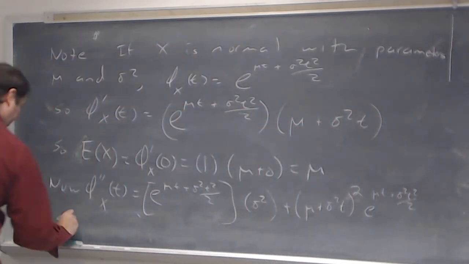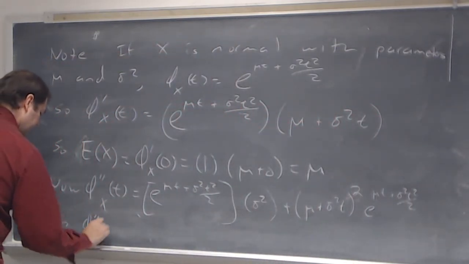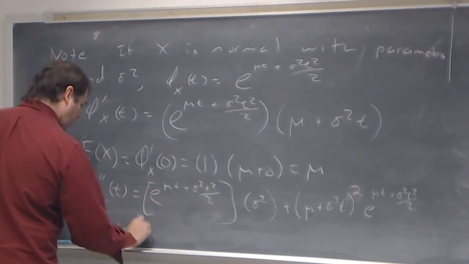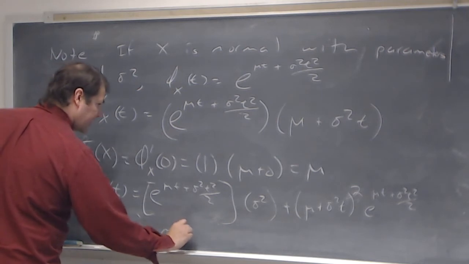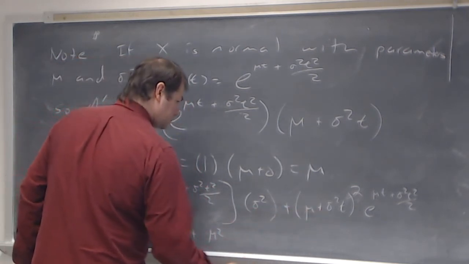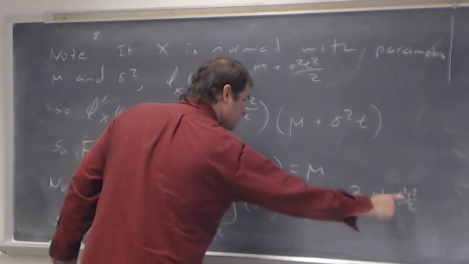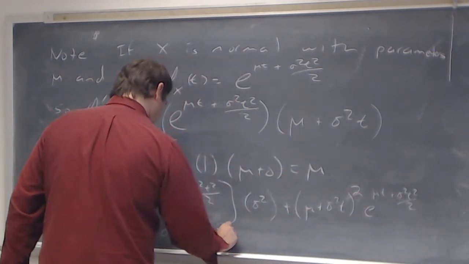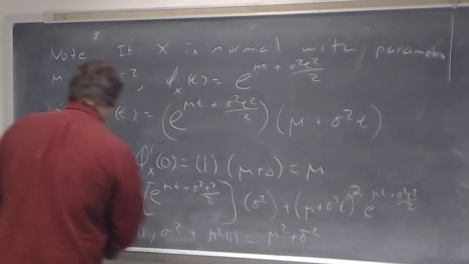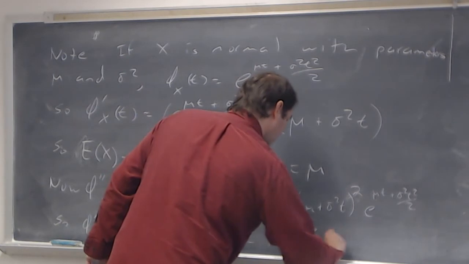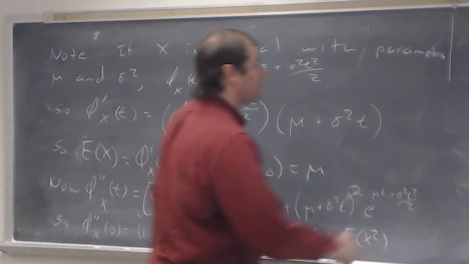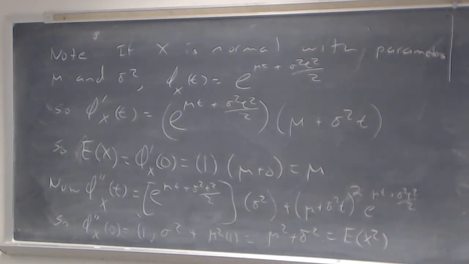Phi double prime sub x of 0: if we let t be 0, again this part is going to be 1, this is sigma squared, plus this part is going to be mu squared, and this is e to the 0, so that's just 1. So we get mu squared plus sigma squared. And that's the expected value of x squared. So lastly, to get the variance of x.